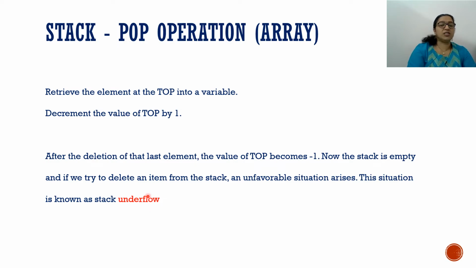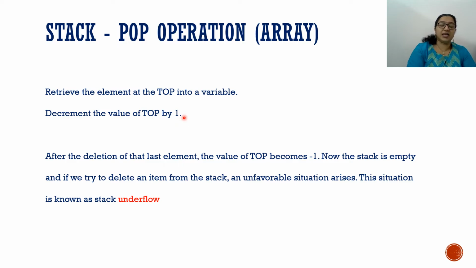Okay, so what is the pop operation? What steps are needed for popping the element? First we want to retrieve the topmost element and store it in a variable. Then the next step is to decrement the value of top by 1, because only one end is there for the stack, that is top. Last in, first out. So we want to delete the element. There is no question of which element you want to delete, no such prompt for that.